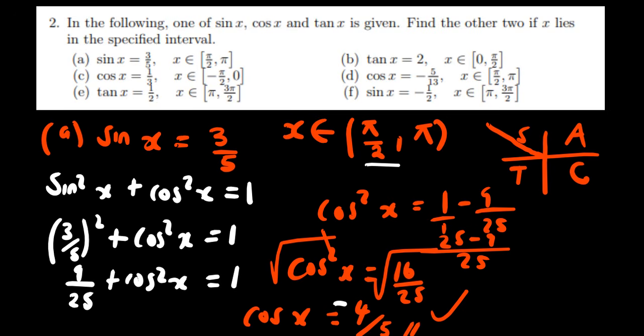So we are saying cos x is equal to 1 over 3. We've been given an interval.